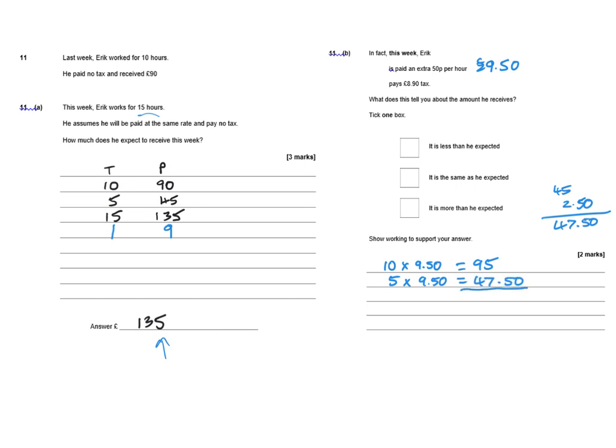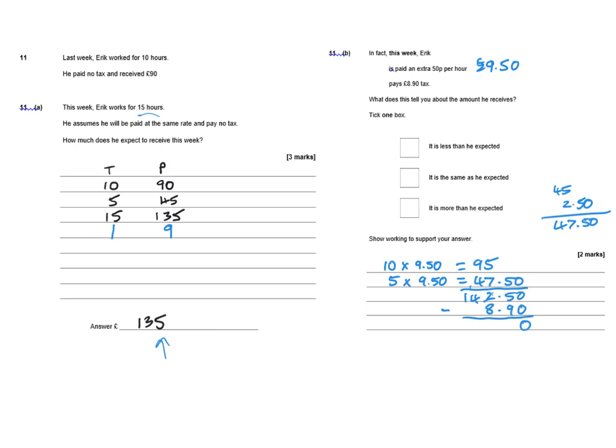So if I add those together, then I'm going to have £142.50, I reckon. But then he has to pay £8.90 in tax. So now let's do that subtraction. 0 take away 0.